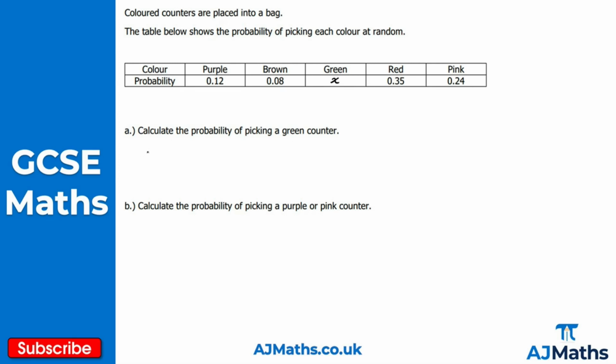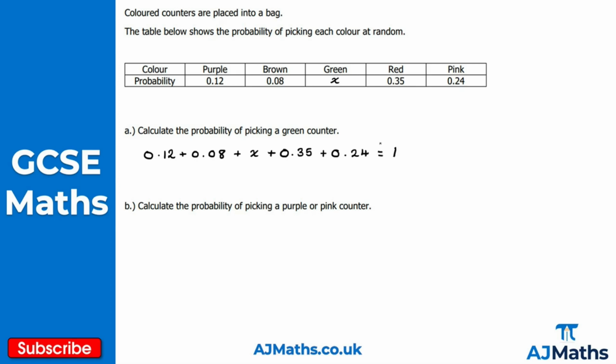Okay, so let's just do that here. 0.12 plus 0.08 plus x plus 0.35 plus 0.24. Like I said, this must equal 1.